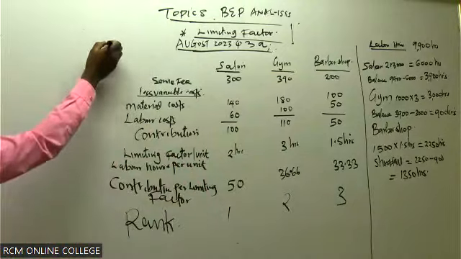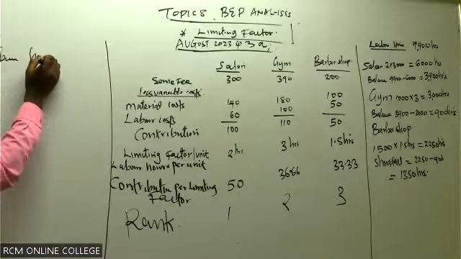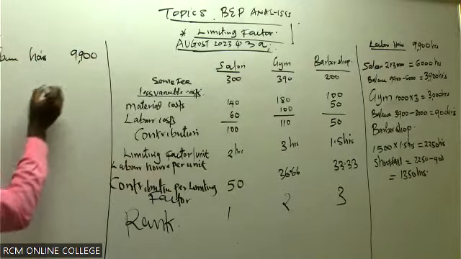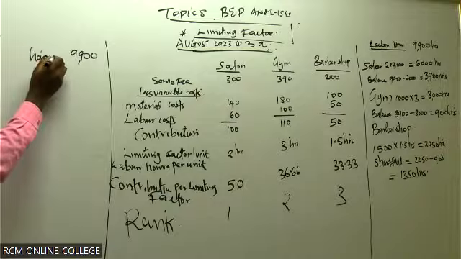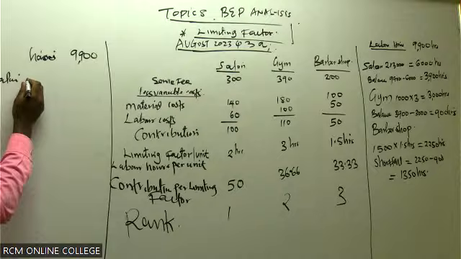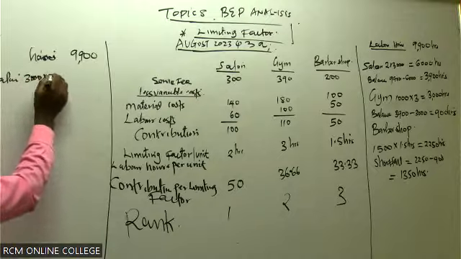Maybe if you don't want to go that long procedure, you'll come and give us: labor hours of the company are limited to 9,900. Under salon, we have to serve 3,000 clients and each requires 2 hours.